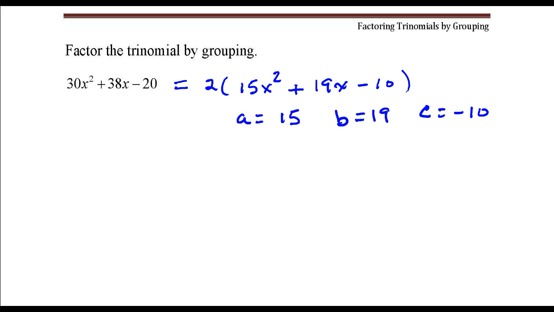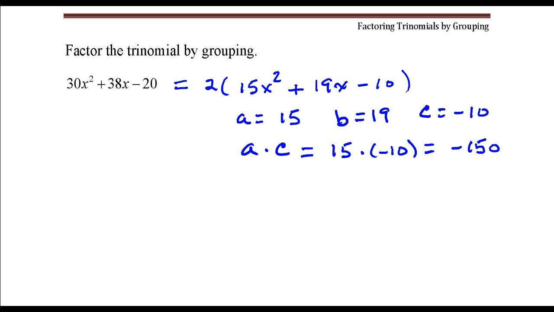And then the next thing I'm going to do is multiply A and C together. So in this case, that would be 15 times a negative 10, and that is a negative 150.